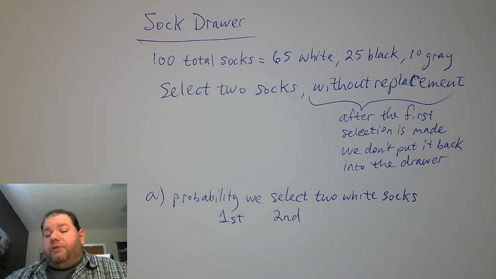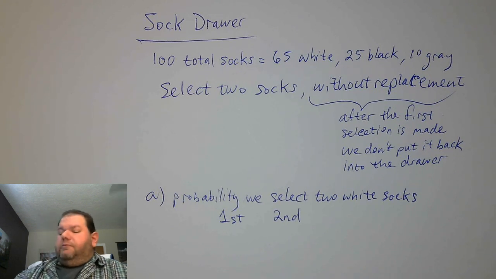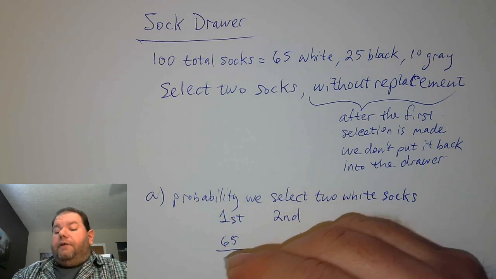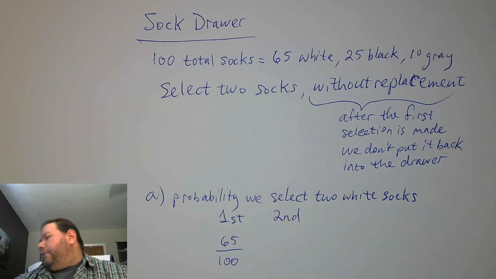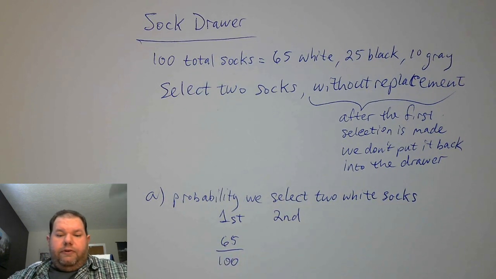Again, when we think about probability, we think with a number of ways that we could be successful out of the total number of possible outcomes. So we know there's 100 socks in there, but how many of them are white? Okay, so it'll be 65 out of 100. So, of the 100 socks, there's 65 that are white, so 65 out of 100 is our probability of selecting a white sock.